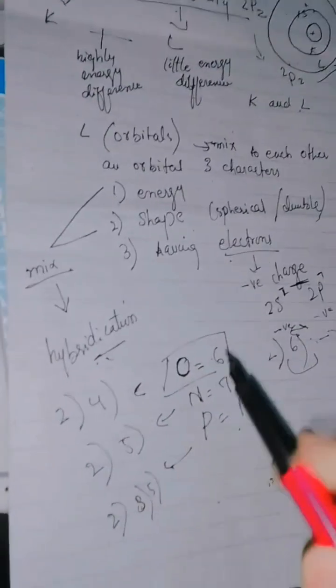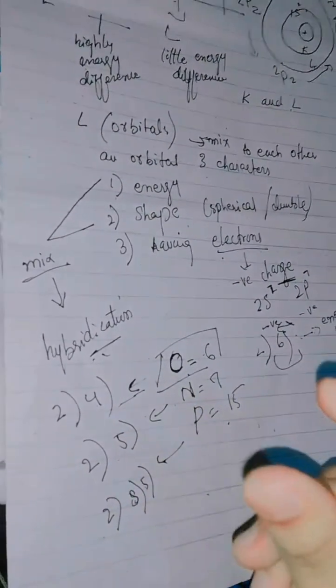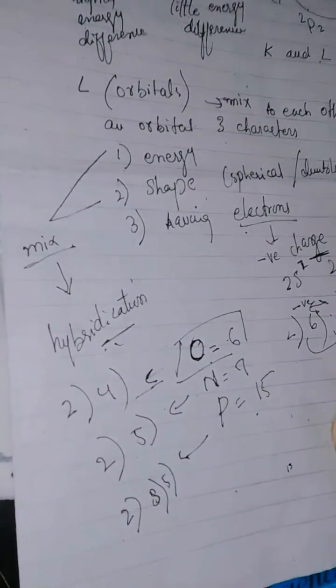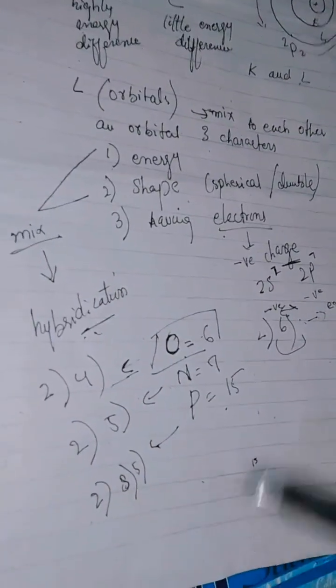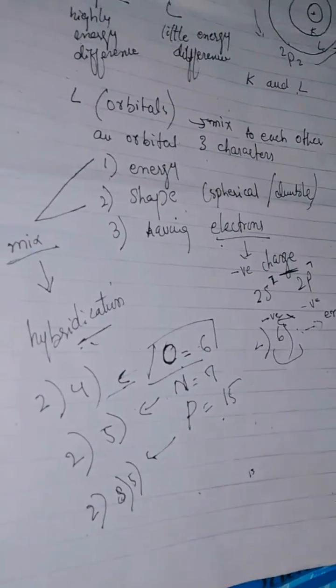So in which is the chance of hybridization more? It will be in carbon, because it has a smaller energy difference. Here the orbitals have a smaller energy difference compared to nitrogen and phosphorus, whose shells are more and have a higher energy difference, so carbon has a greater chance of hybridization than nitrogen and phosphorus.